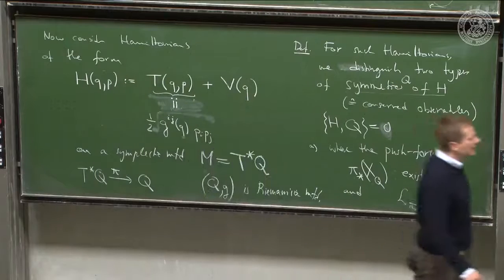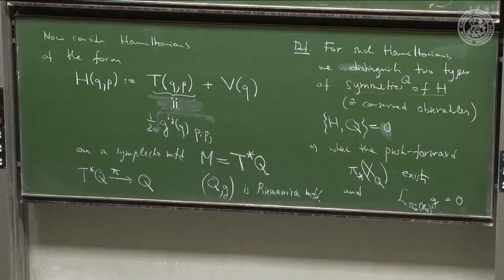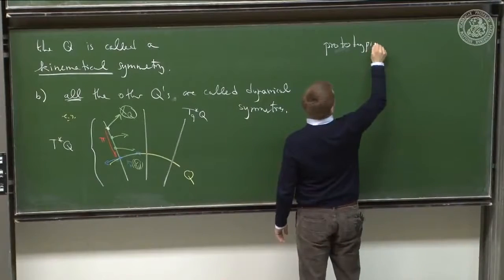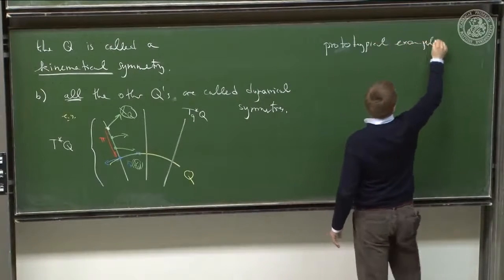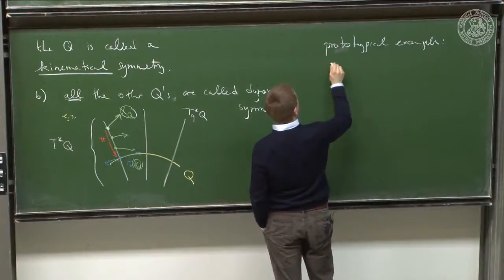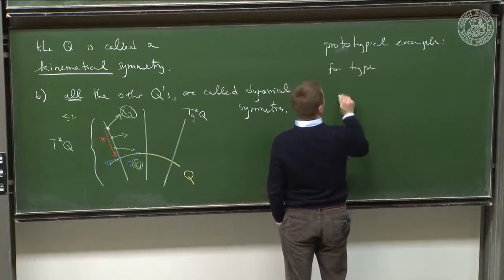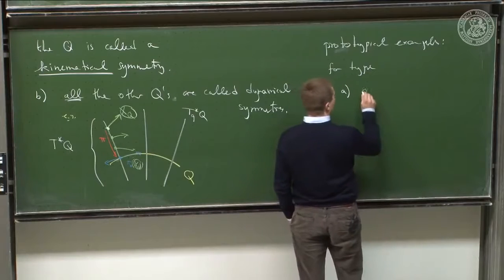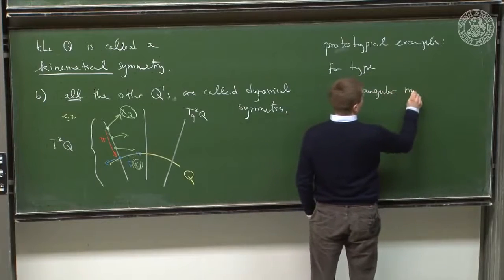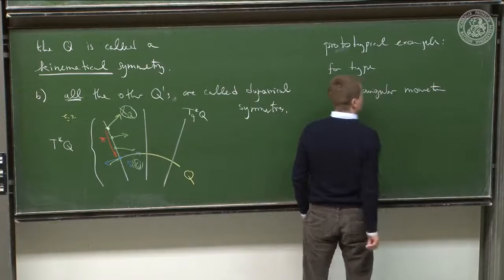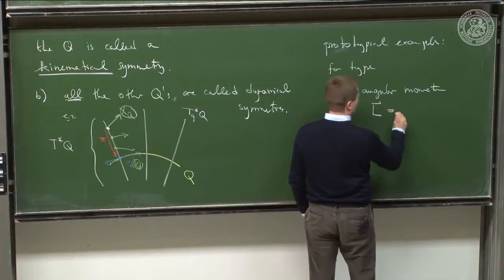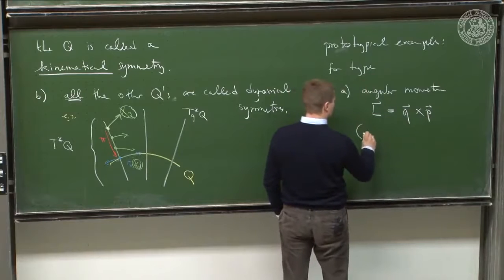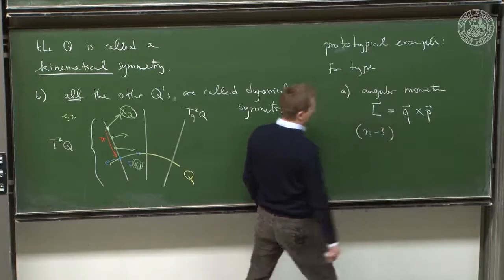And the examples, after a break, we'll discuss this. So prototypical examples for type A is, say, the angular momentum L, which is Q cross P. So this is obviously on n equals 3.